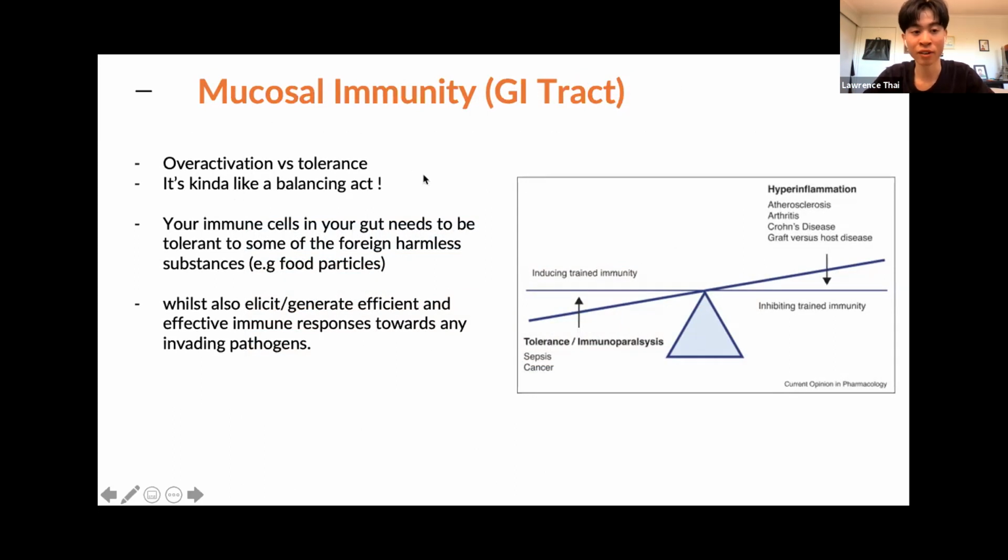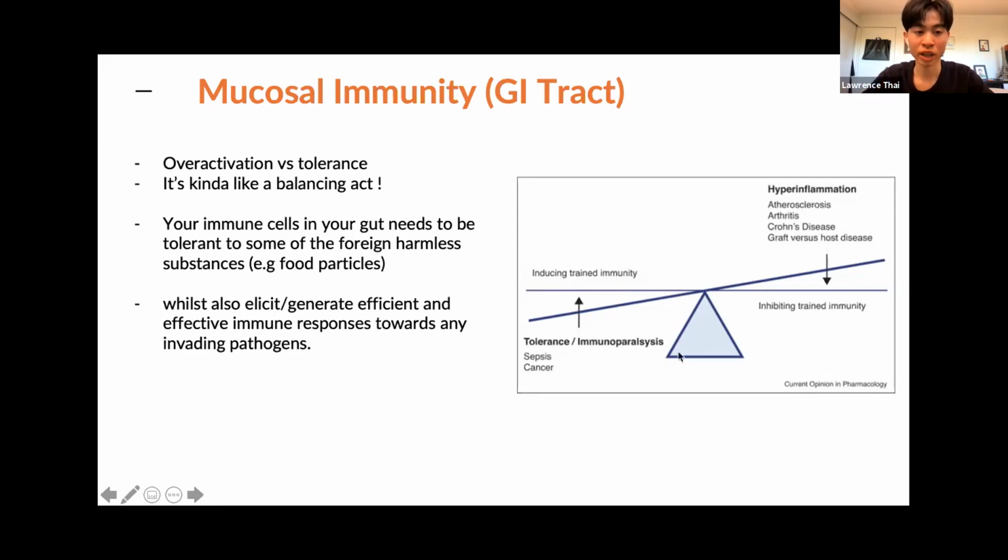And it must also have what we call tolerance, meaning that it must not mount an inflammatory response to something that's harmless. There are so many antigens or foreign substances passing through your gut every day: food, various food particles, microbes, all of this stuff. Your immune system needs to be able to distinguish between what is dangerous and will cause harm, and the various harmless substances that come through your gut every time you eat a meal.